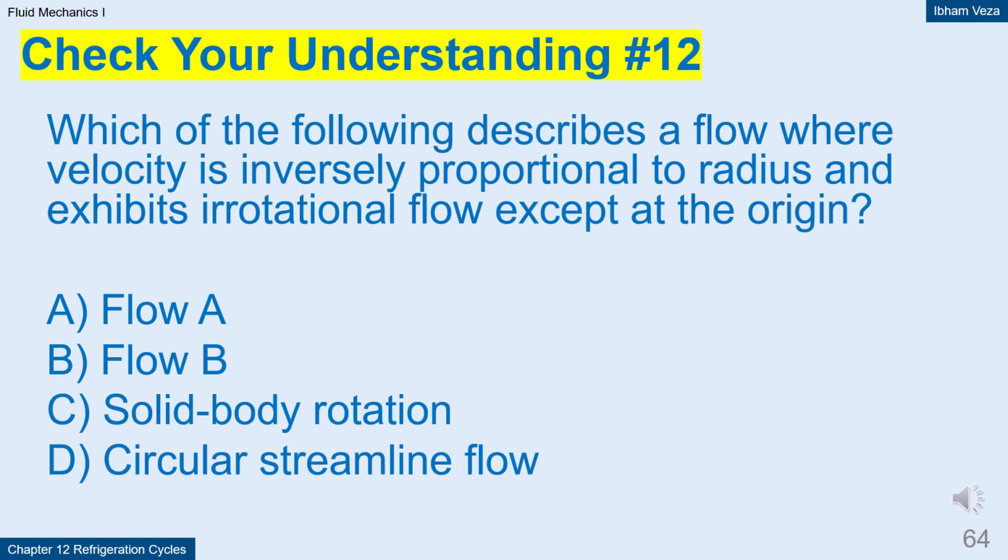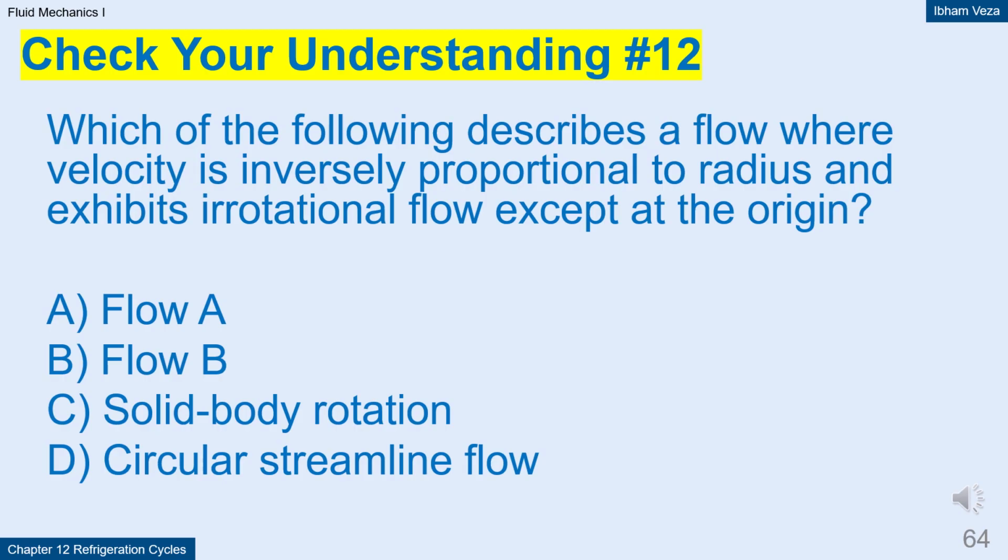B. Flow B. This is the correct answer, as flow B is described as a line vortex with irrotational flow, where the velocity is inversely proportional to the radius, except at the origin.